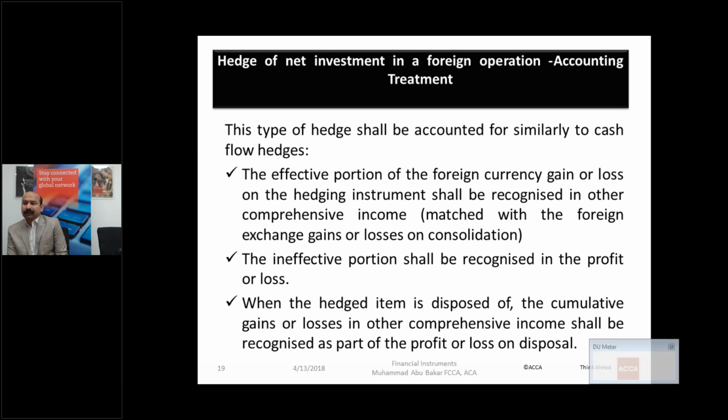But most of the people will not be requiring this accounting treatment, even if they are sitting in the group, because a lot of people are working in the group.